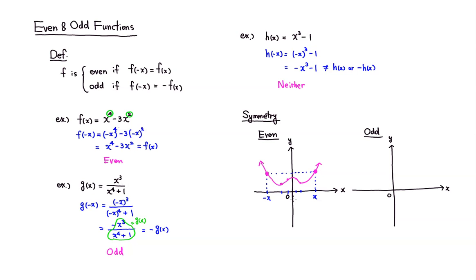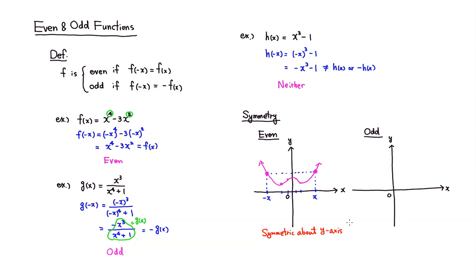So when you have an even function, the graph is going to be symmetric about the y-axis.